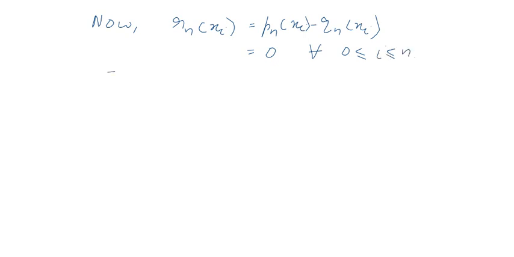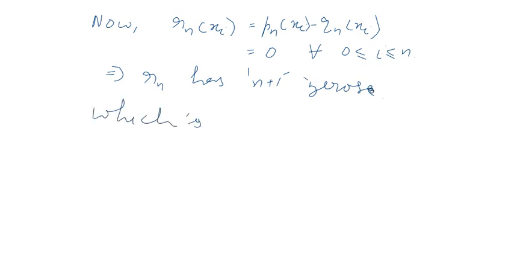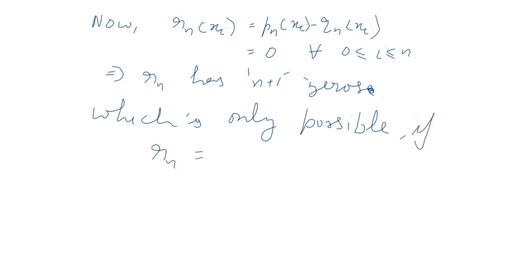So this implies Rn has n plus 1 zeros, which is only possible if Rn is a zero polynomial. So this implies Pn of x is equal to Qn of x for all x.